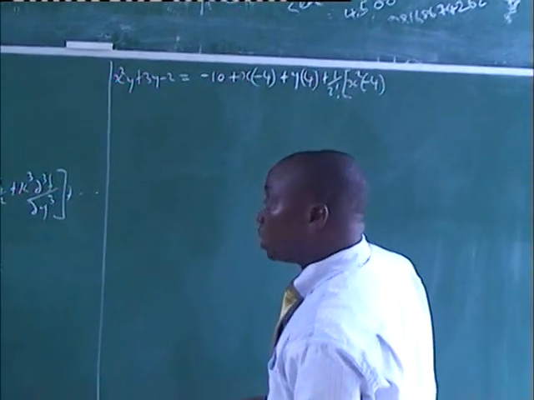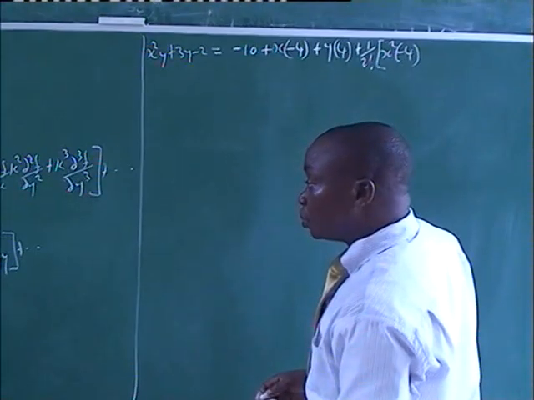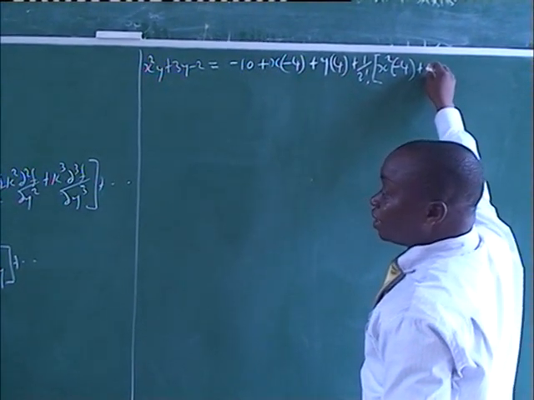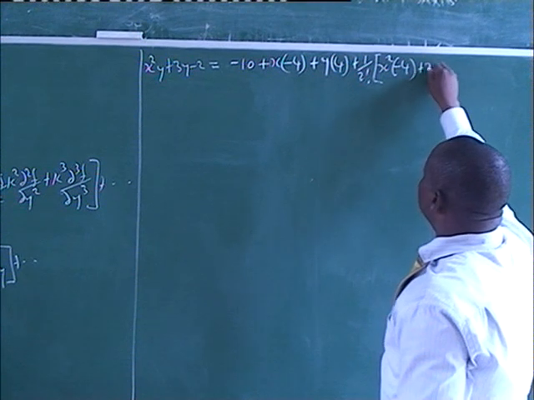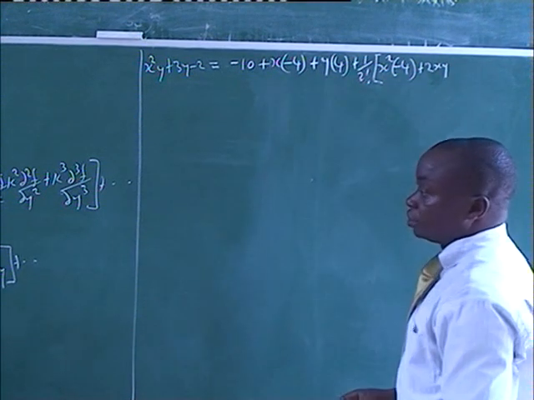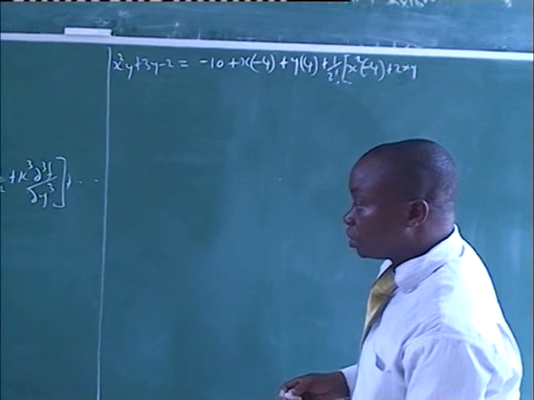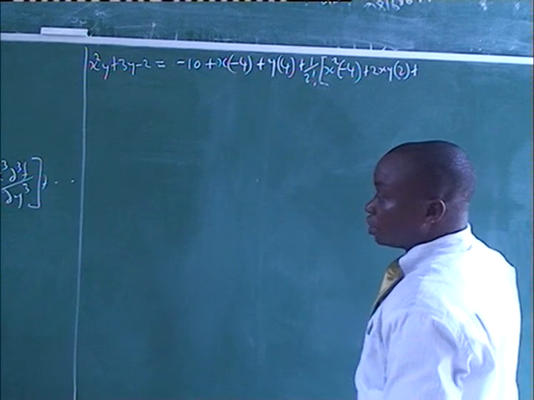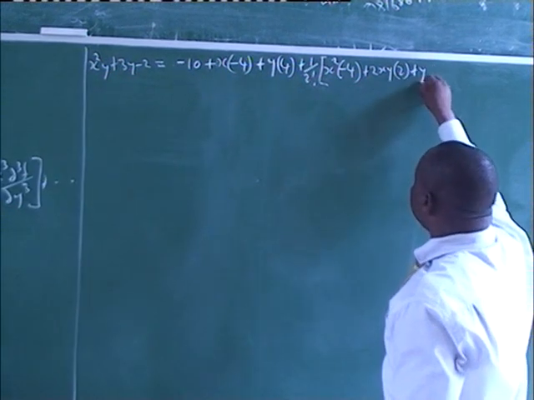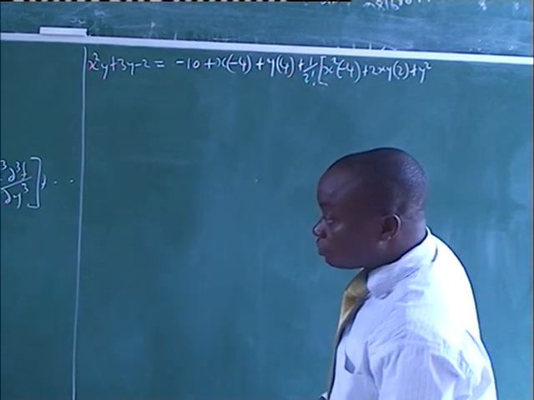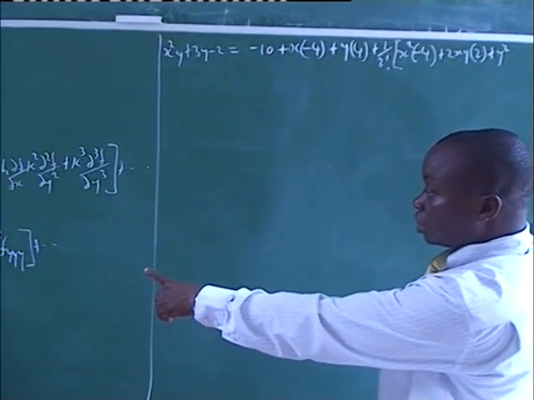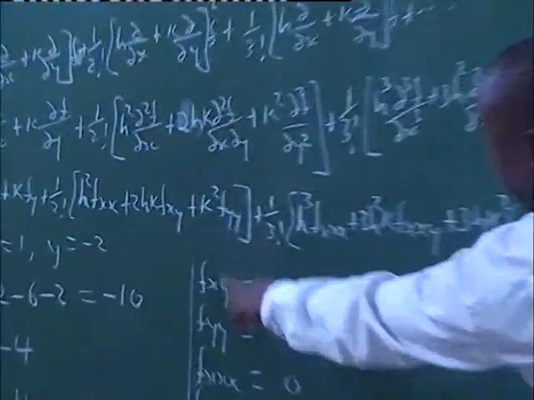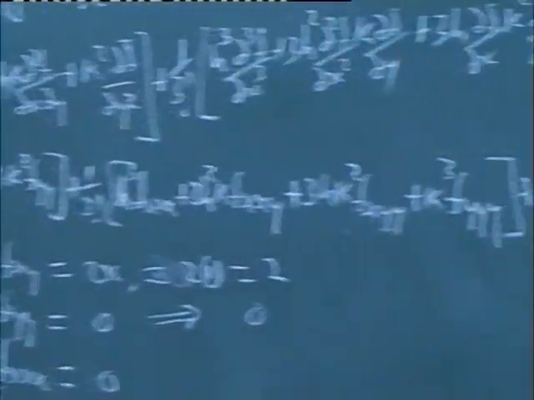And then the next thing again we'll do is plus 2hk, that is xy. Then we have the cross partial, which gives us 2. So we have 2, plus k squared, which is y squared. We also have that place of y squared. That's now the second partial of f with respect to y, which gives us 0.